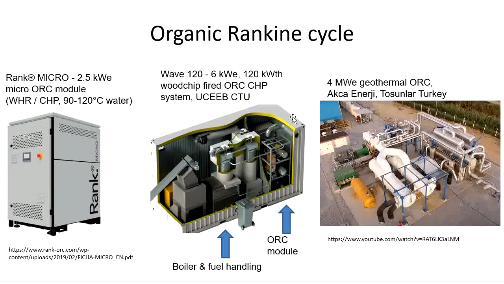But if you look closely at this figure, the organic Rankine cycle is just this smaller part on the right hand side behind the bulkhead, where the left hand side, the most of this containerized solution is occupied by the space for boiler and fuel handling.